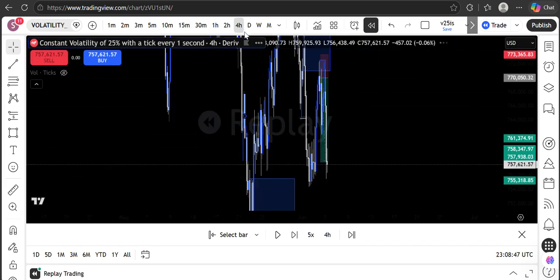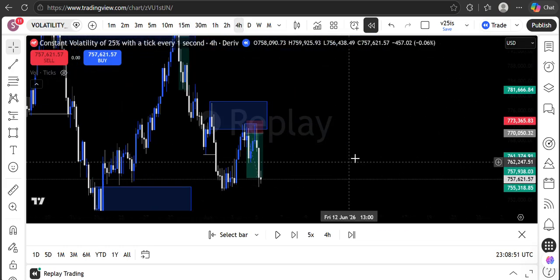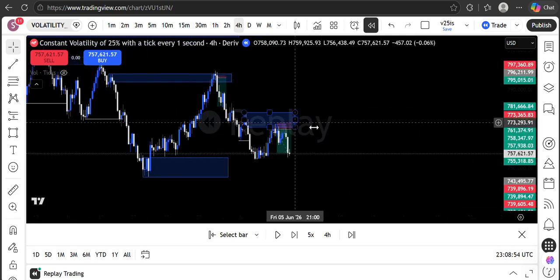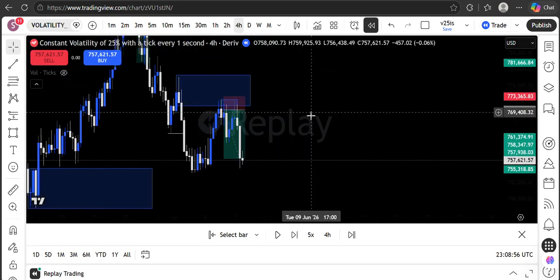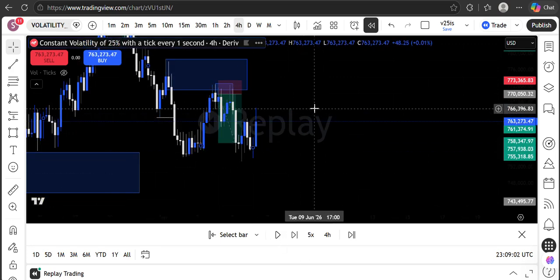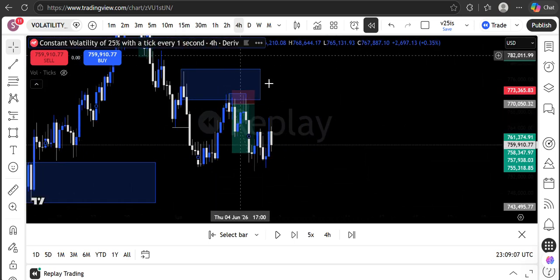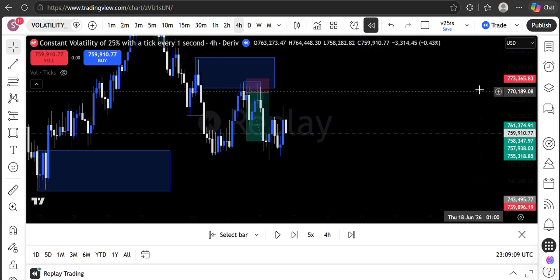Let's come back to our 4 hours time frame. So now this was a recent trade we took. Okay, this was a recent one. So let's allow it to play. Now this is still our 4 hours time frame, of course.